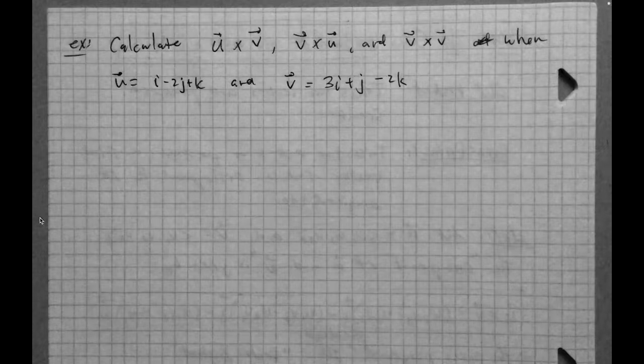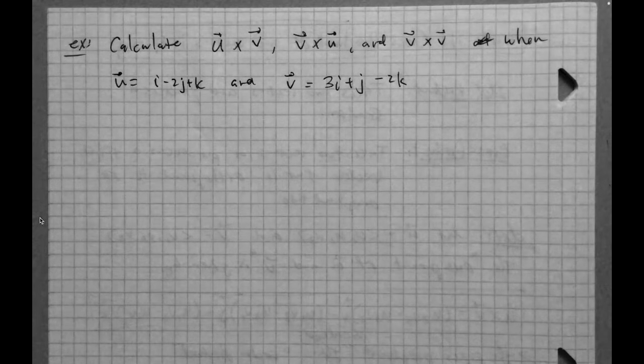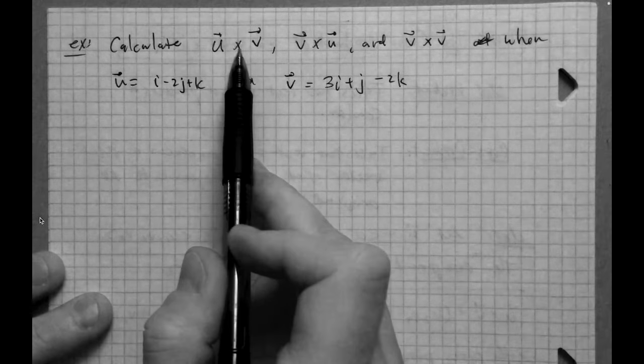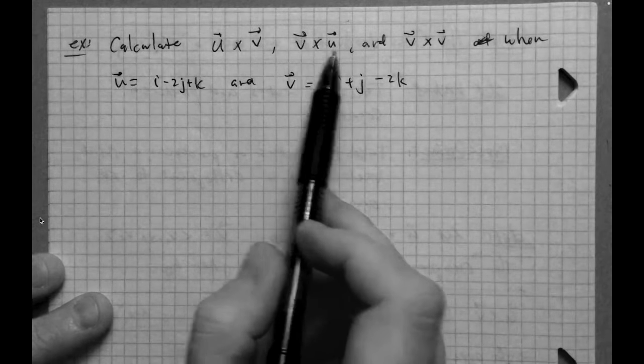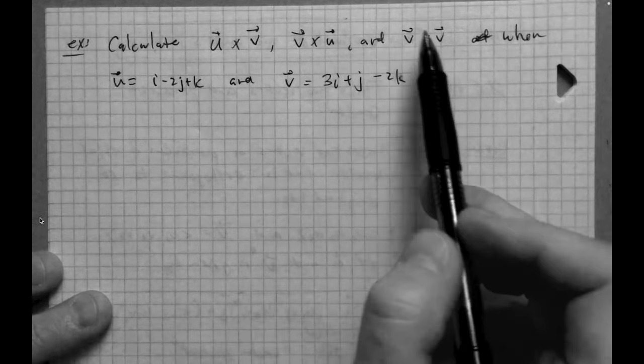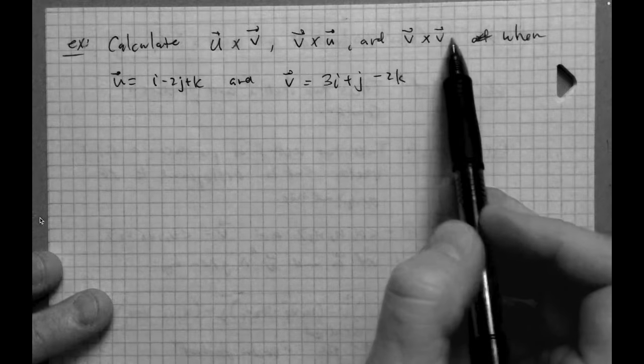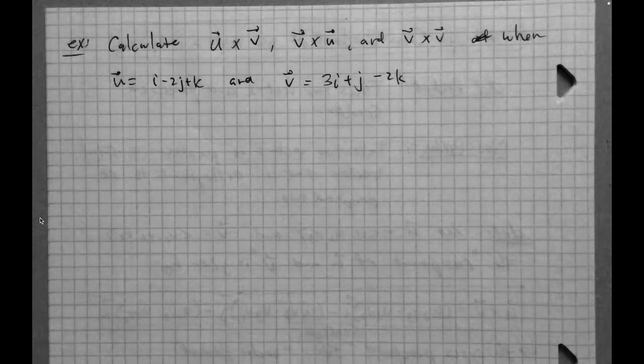So I've got two vectors, and I want to calculate three different cross products. I've got U cross V, then I just change the order, V cross U, and then V cross with itself. We're just going to see what happens when we do these things.